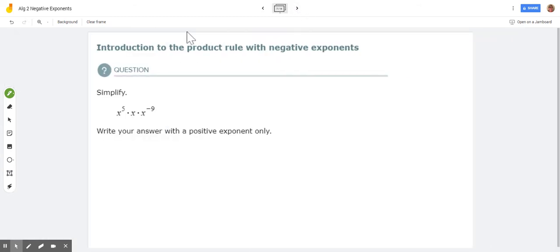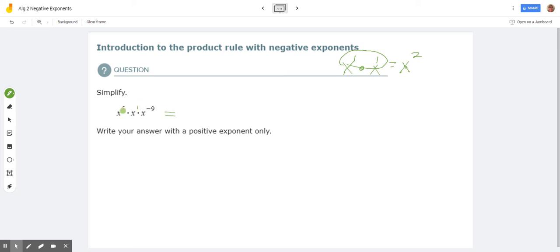Introduction of the product rule with negative exponents. Just multiply like we did before, which means we add exponents. Ready? x times x equals x squared. What did we do to the exponents? We added them. Same here. It doesn't matter that they're negative.